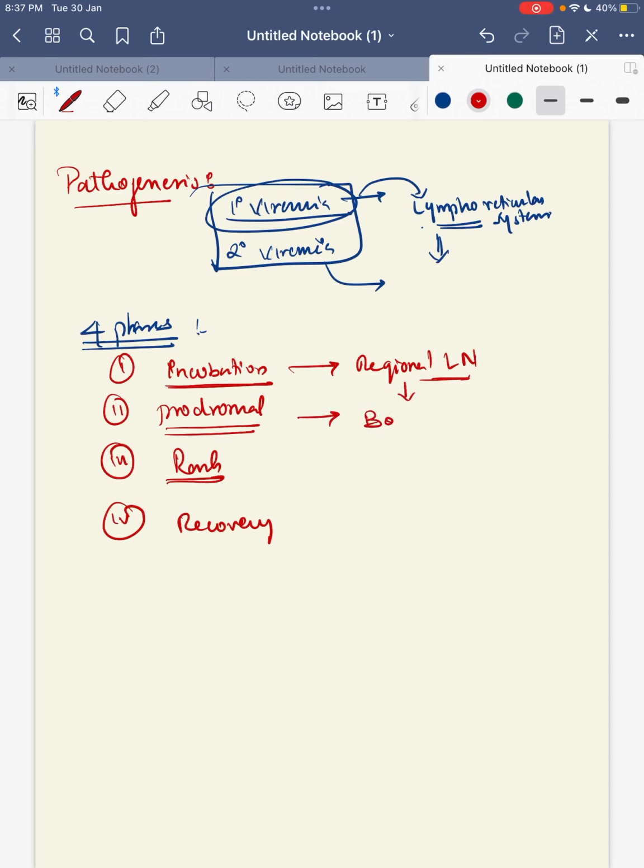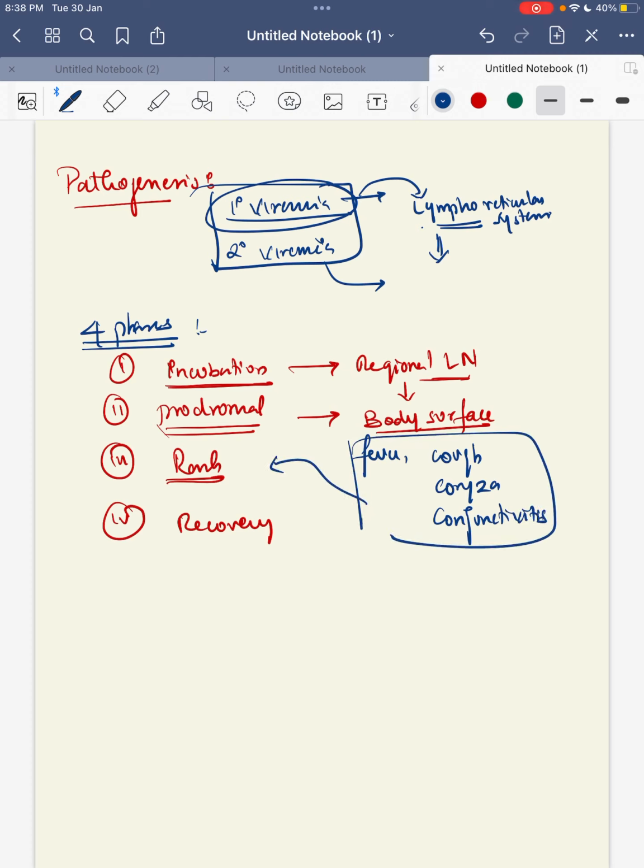In the prodromal phase, the patient with measles will have fever, cough, coryza and conjunctivitis. After this prodromal phase, they will develop a rash. I will tell you the clinical features and the sequence of the disease later. First, remember this for your pathogenesis.